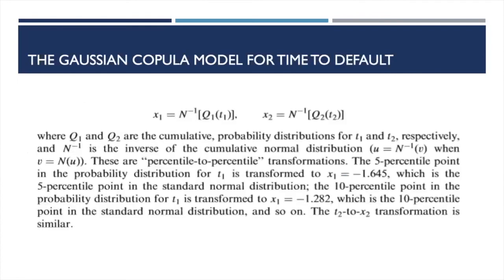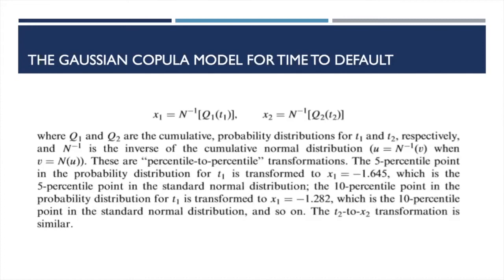A model that has become a popular practical tool is the Gaussian copula model for the time to default. As a simplified structural model, it assumes that all companies will default eventually and attempts to quantify the correlation between the probability distributions of the time to default for two or more different companies.